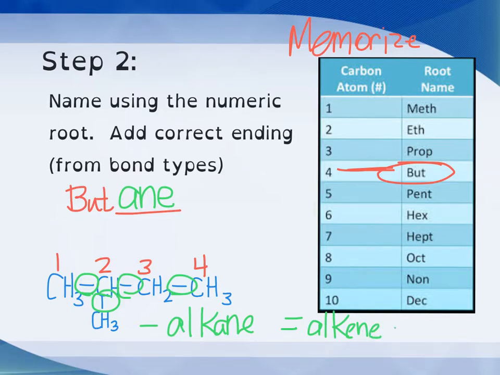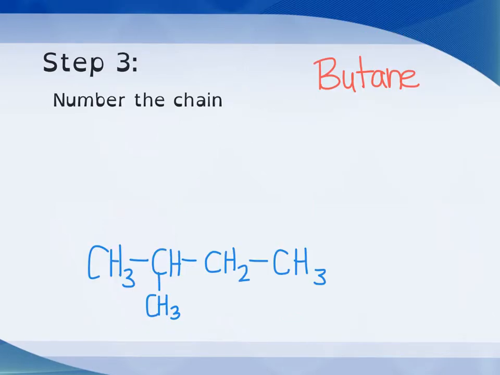And if we had a triple, we would have an alkyne. So that gives you the ending for what goes on the root. If it's all single bonds, you use an ane ending. If it's a double bond anywhere in there, you use an ene. If it's a triple bond, it is a yne. So we've established that this is a butane because it's a 4-carbon chain.